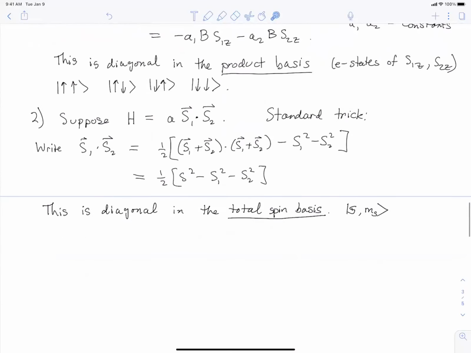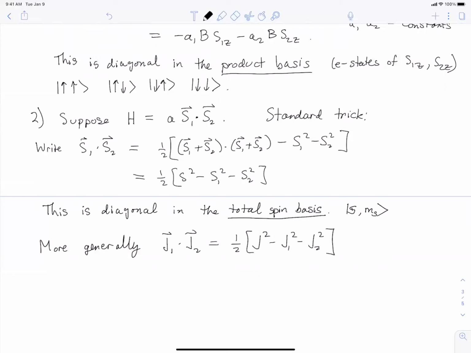Okay, but just to emphasize the ubiquity of this trick, more generally, it's not just a feature of spin. So more generally, if I have J1 dot J2, I should think immediately, what happens if I write that as 1/2 J squared minus J1 squared minus J2 squared?